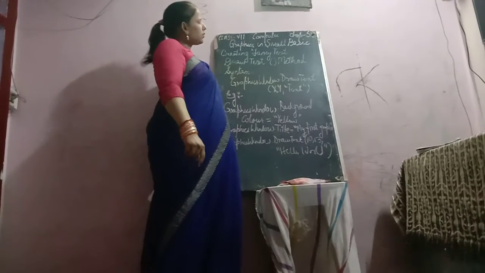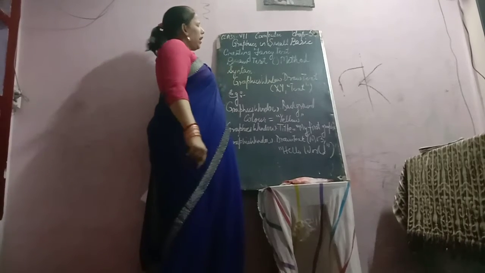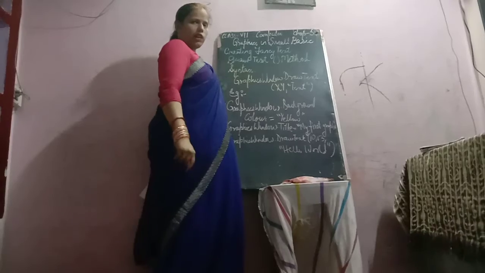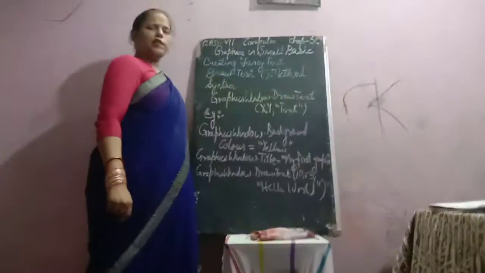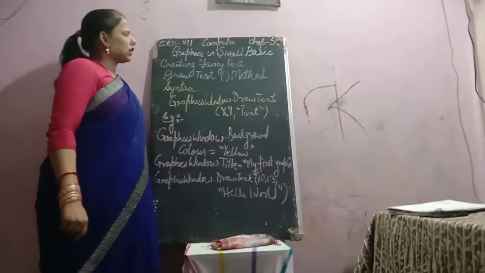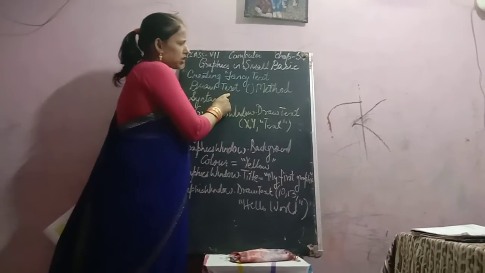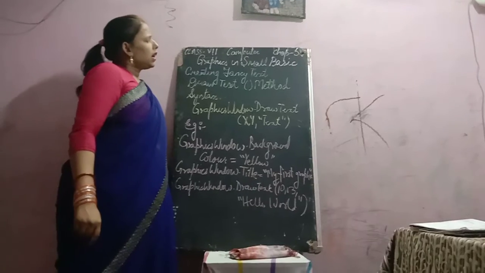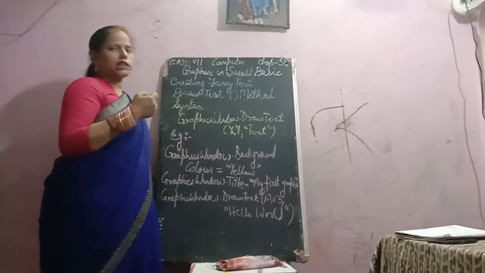Now, the next command is for creating fancy text. Now we will write the text in a fancy method. The very first command for creating fancy text is the draw text method, through which we can give our text a very attractive format.